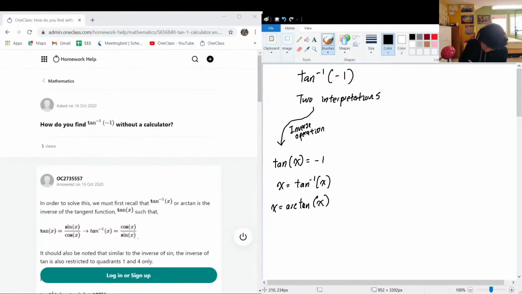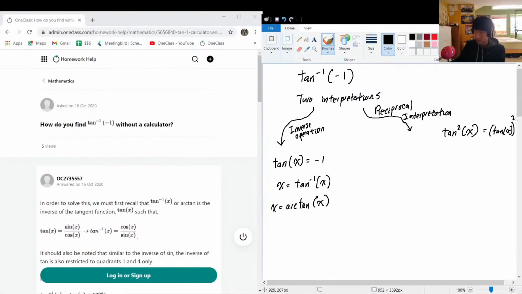Okay, and another interpretation is with the reciprocal interpretation. Okay, so generally this is less common, but when we have a function, let's say we have tan squared of x, this is equal to tan of x squared.